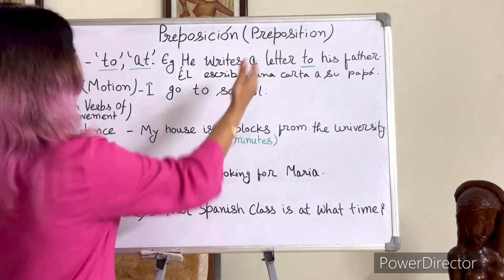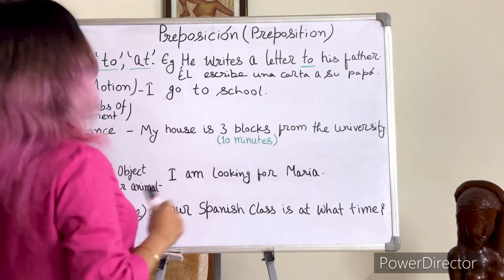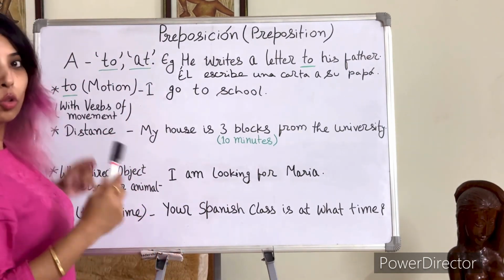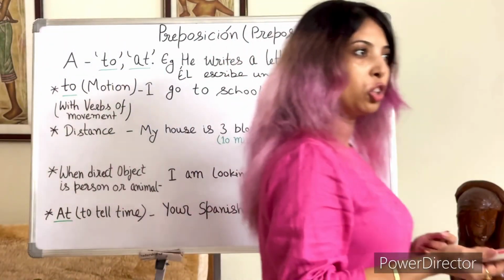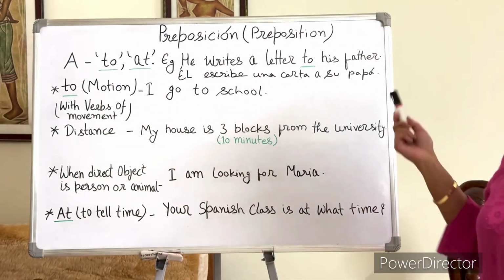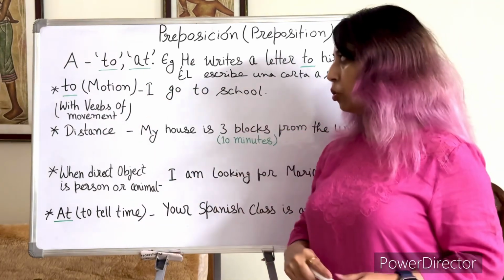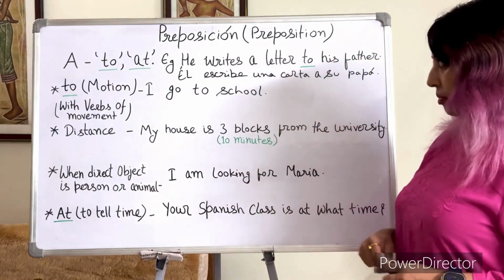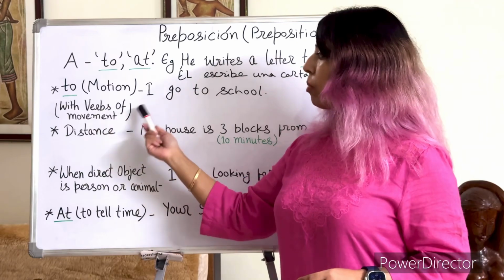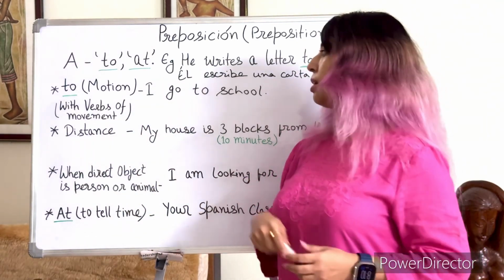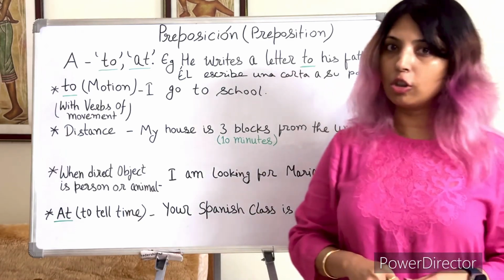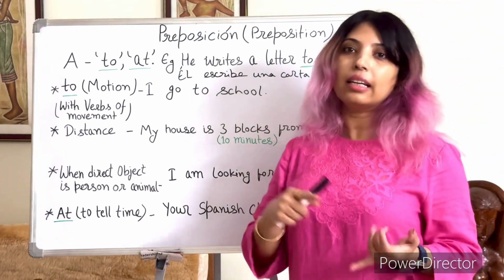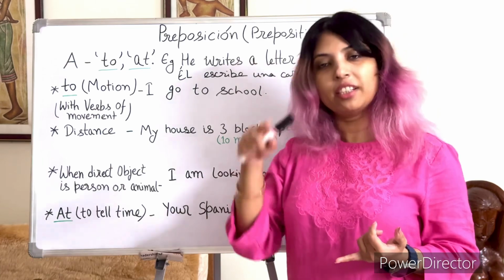So this is our first example, and our next example is when to is when you are talking about motion, and in the sentence English preposition to has been used. So that means with the verbs of movement you are supposed to use a preposition. So I have already told you guys, with ir verb you are supposed to use preposition a.